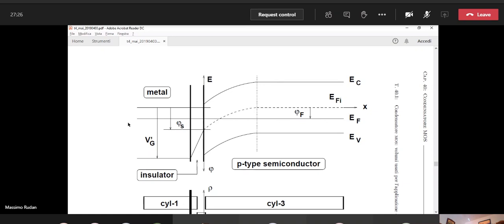So the current is zero and the device is in the equilibrium condition, okay? So as long as the applied voltage is constant with respect to time, the structure is in the equilibrium condition, so out of the mathematical model of semiconductor devices, it is sufficient to use the Poisson equation only to study the behavior of the device.